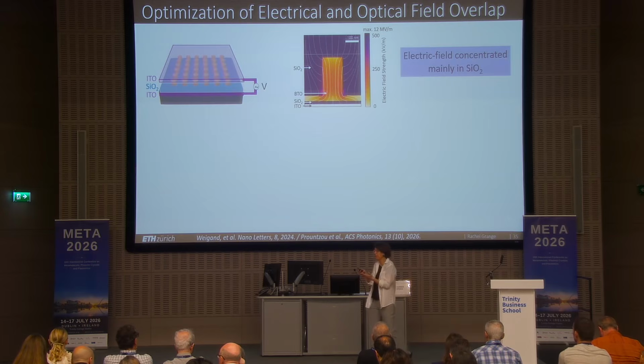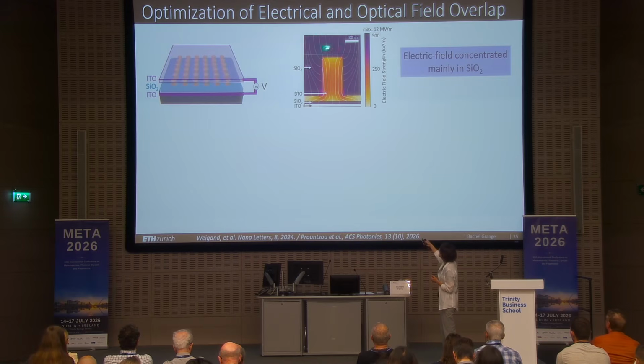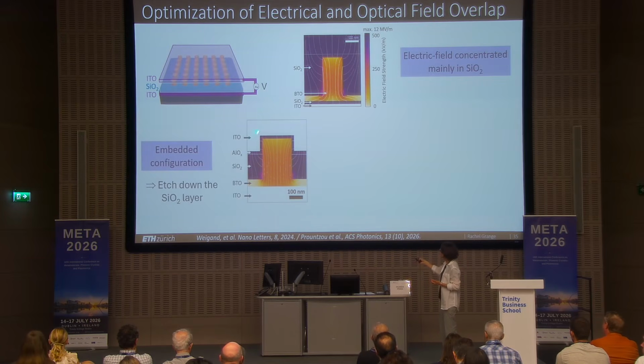And now we even try to have a better overlap of the optical field and the electric field by decreasing the amount of silicon dioxide surrounding our material. Right here you see the electric field is still mostly in the silicon dioxide, so in the cladding of your material. And the material is there. So how you can do that is by etching down your cladding and having an embedded configuration, and you increase your electric field inside the barium titanate, so the material that is electro-optic, right?